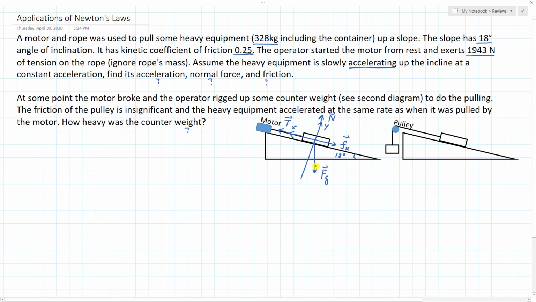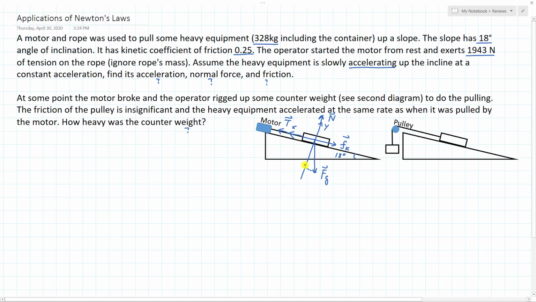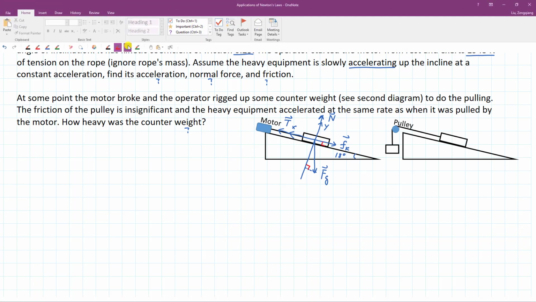So this force, gravity, is not along our axis, so we need to decompose it, assuming it is the hypotenuse of a right angle triangle. So I'll draw this right angle this way. This is a right angle, and I'll also be drawing another right angle here.